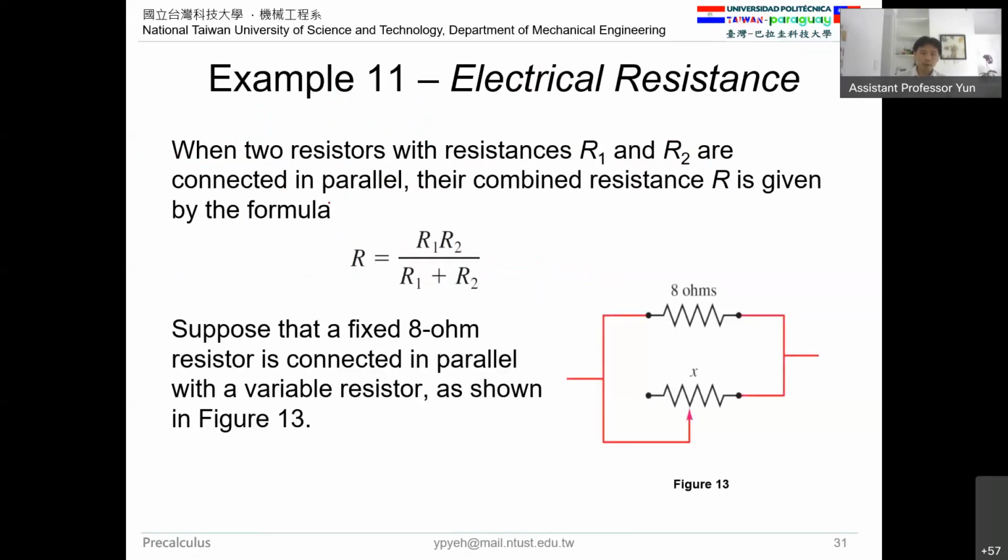For example, in electrical resistance, when two resistors with resistances R1 and R2 are connected in parallel, their combined resistance R is given by the formula R equals R1 times R2 divided by R1 plus R2.